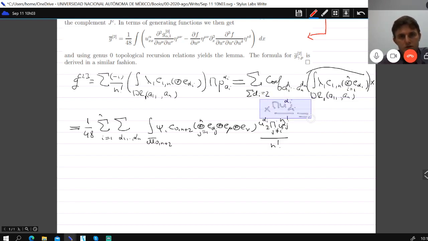So this corresponds to the first term in this expression for this integral. Do you agree?